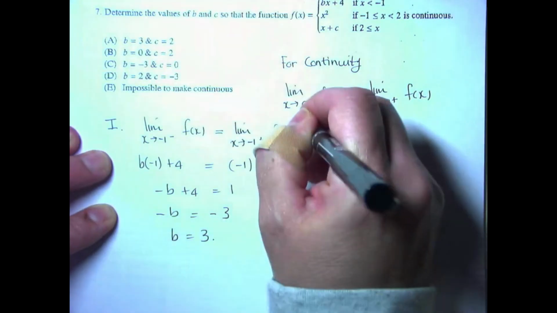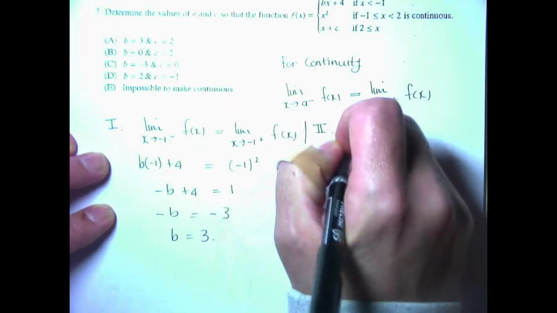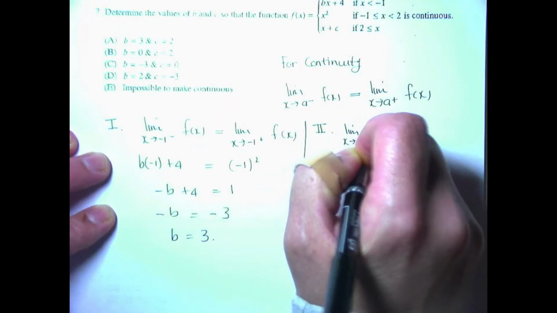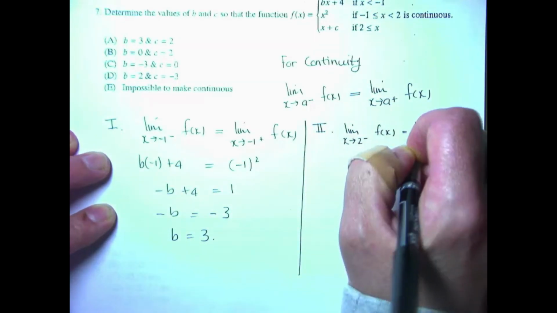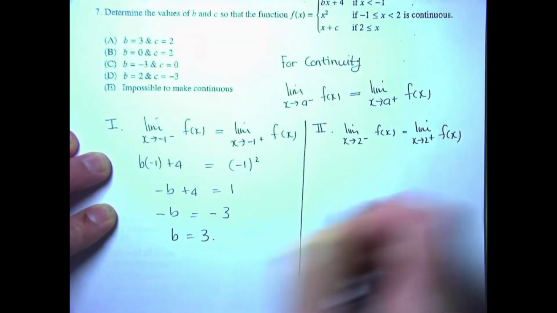At the same time, the limit as x approaches 2 from the left-hand side will have to be equal to the limit as x approaches 2 from the right-hand side for this function.